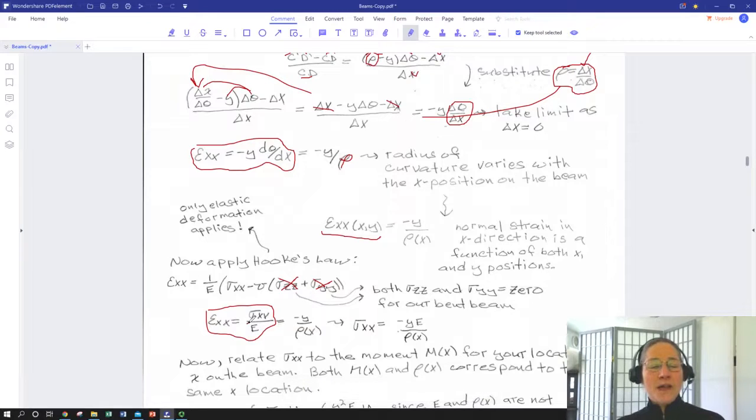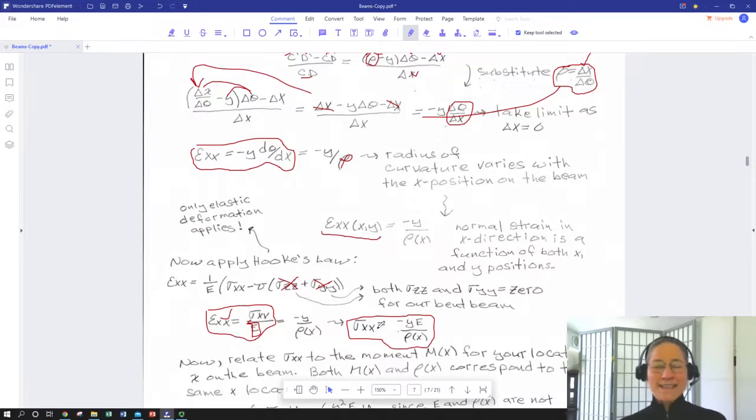So all we have to do is multiply our expression for strain times Young's modulus, and now we have an expression relating stress to position. If y is negative, if we drop below the neutral axis, that stress is going to be a tensile stress, and it can be pretty big.